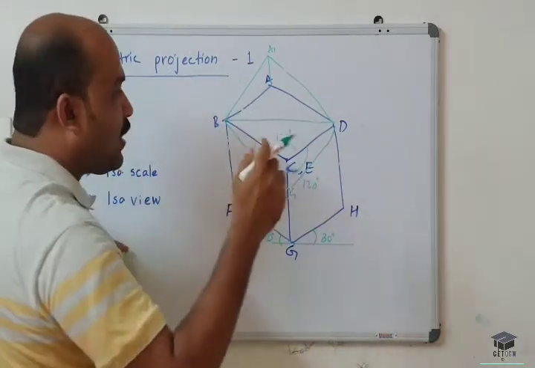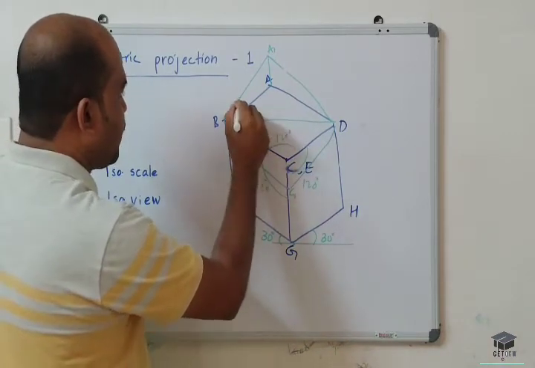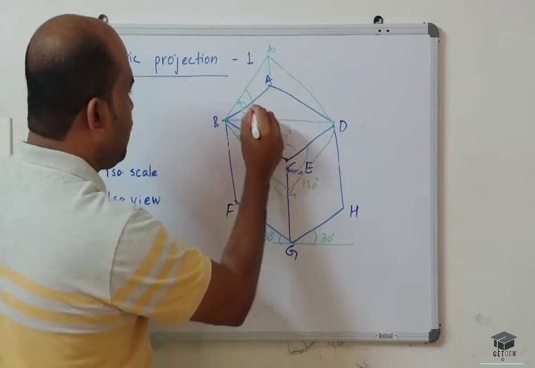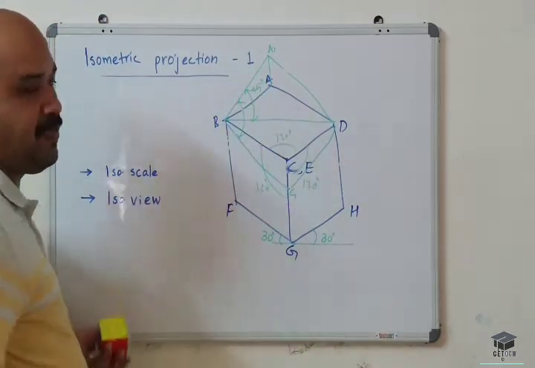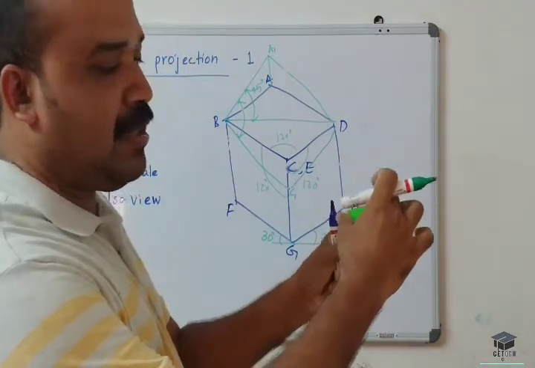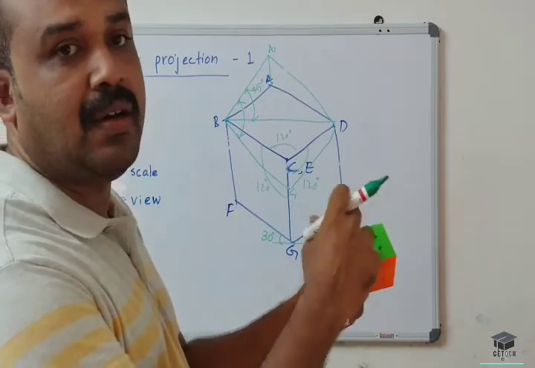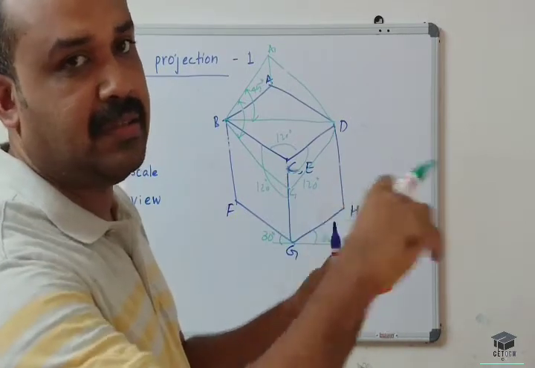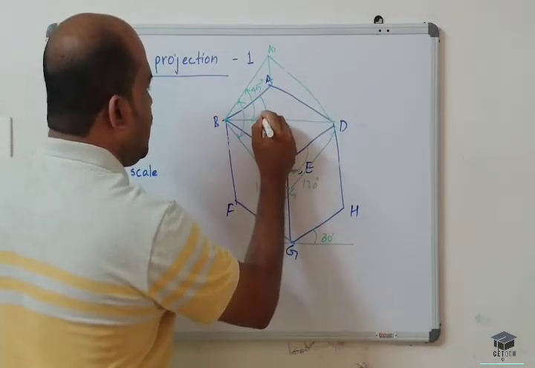Now in the actual diagram, we know that the total angle is 90 degree, so this will be 45 degree. So the actual edge makes 45 degree with the x-axis, but this makes only 30 degree.